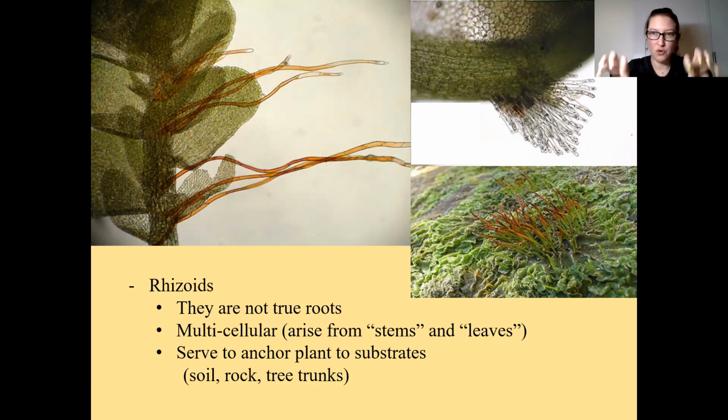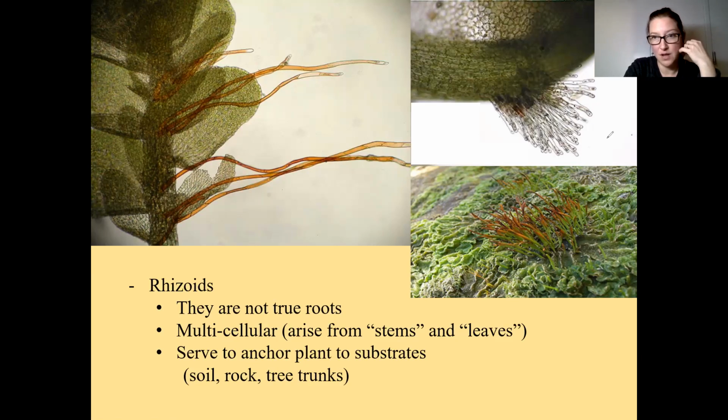They don't really serve as a root. They're not absorbing water as much as they are holding the plant down so it doesn't float away. Remember, they need water to have the sperm swim. So if you just add water to them, the whole plant will swim if it's not anchored down. That's what these rhizoids help to do.